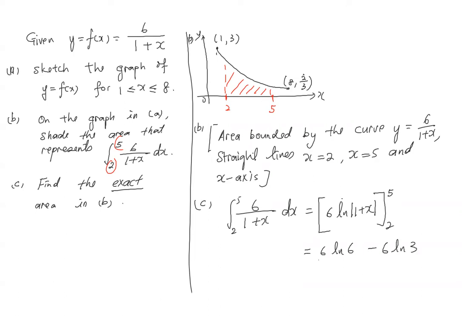So 6 can be factorized out. ln 6 minus ln 3 can combine to become a single ln. So this is 6 ln 2. Got it? Okay. So you should be able to do exercise 5A.